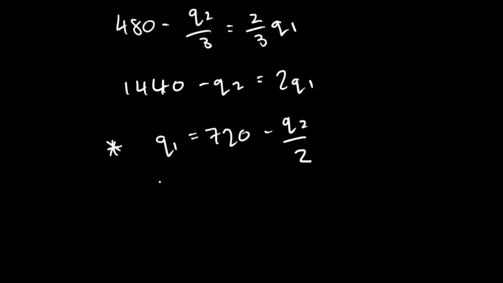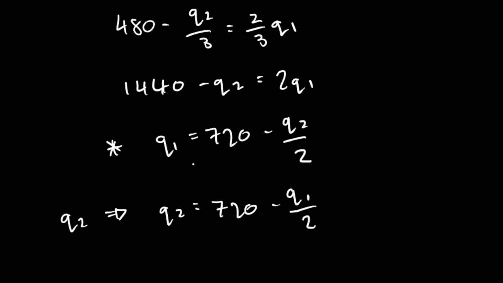But the value for Q2 that maximizes profits is going to look like this. So Q2 is symmetrical to what we have for Q1, so this should be Q1. As you can see, they are symmetrical to each other.